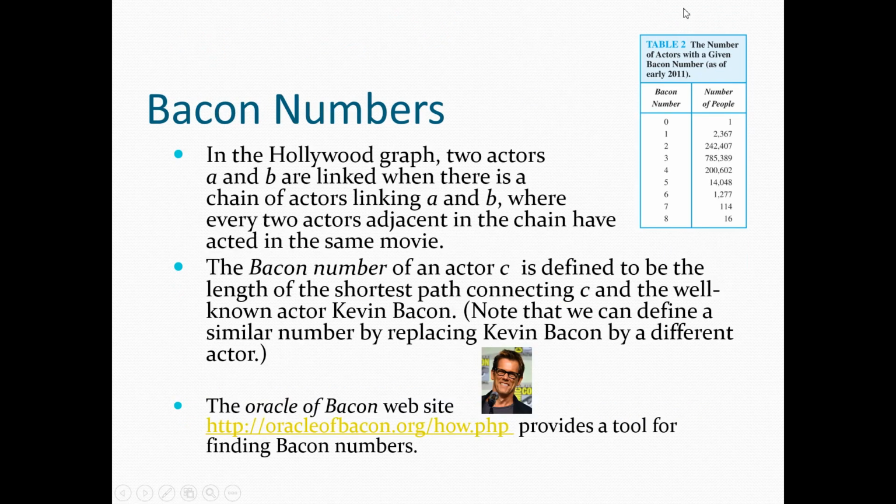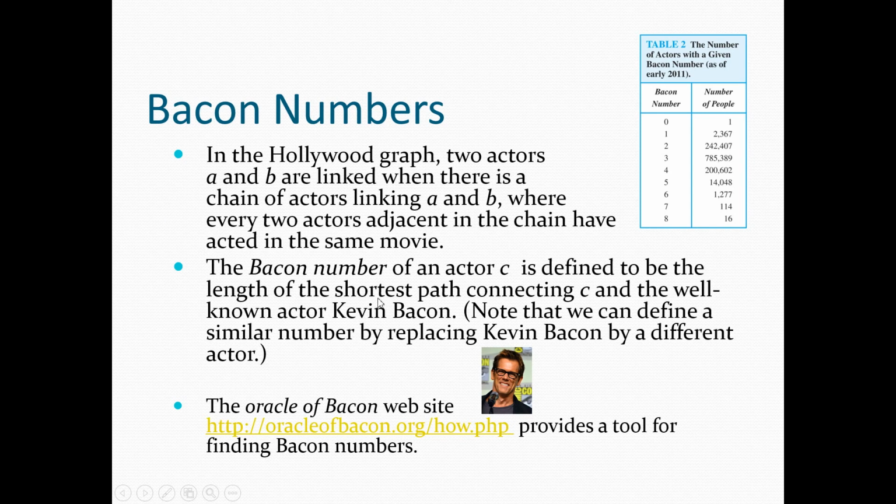Bacon number. There is another type of collaboration graph, also an example of collaborative graphs. So this is the Hollywood graph, where two actors A and B are linked when there is a chain of actors linking A and B, where every two actors adjacent in the chain have acted in the same movie.